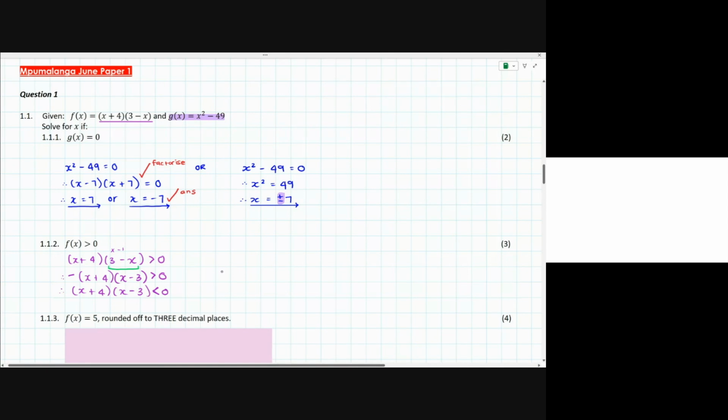So my critical values here are now x equals -4 and x equals 3. You get your critical values by making these two brackets equal to 0, so solving like you would a normal quadratic. And this is now where the graphical representation comes into play. The two x-intercepts are your two critical values, so -4 and 3.